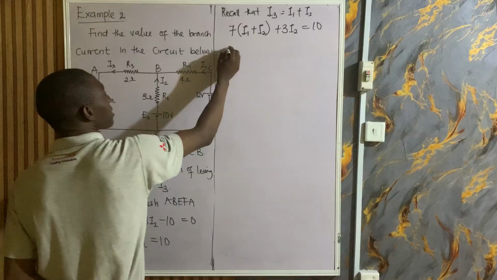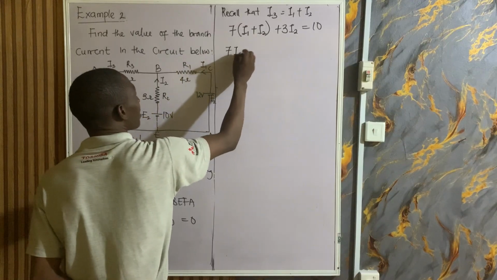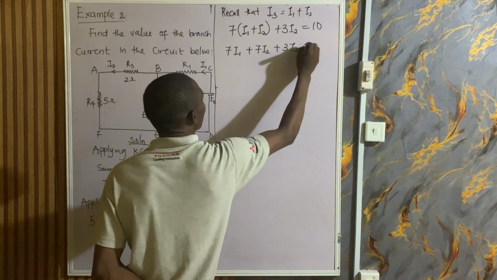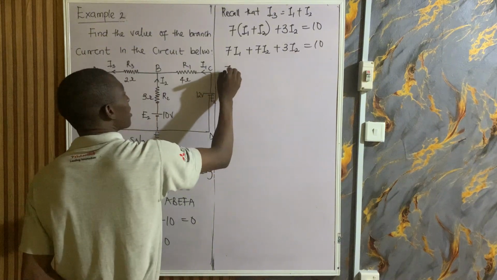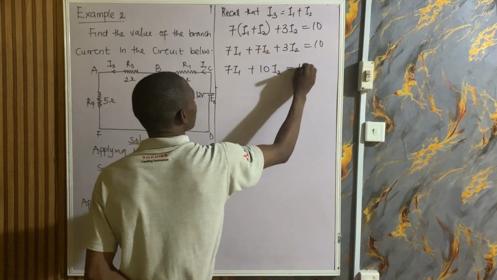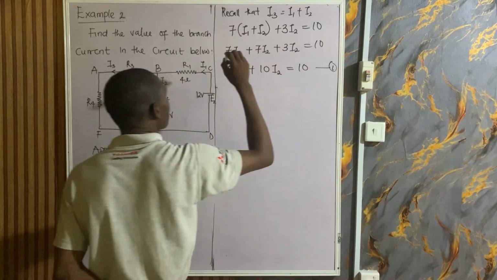We can expand this. This will become 7I1 plus 7I2 plus 3I2 equals 10, and this will give us 7I1 plus 10I2 equals 10. This becomes my equation 1.